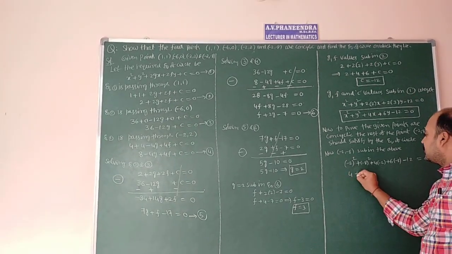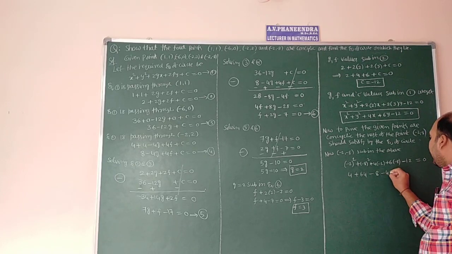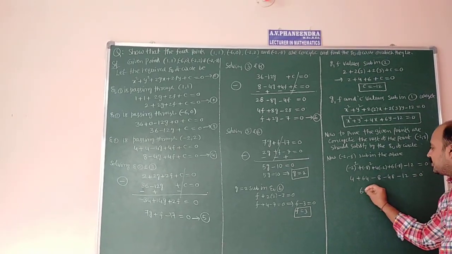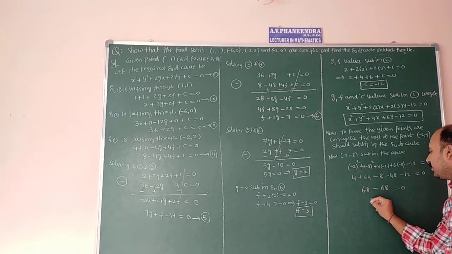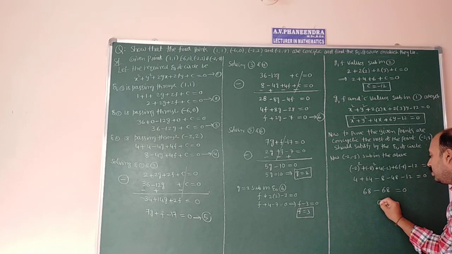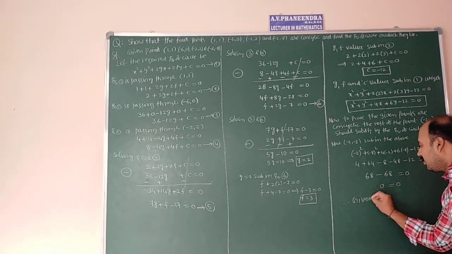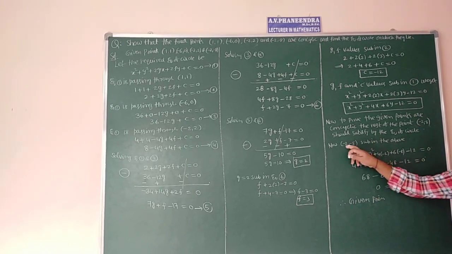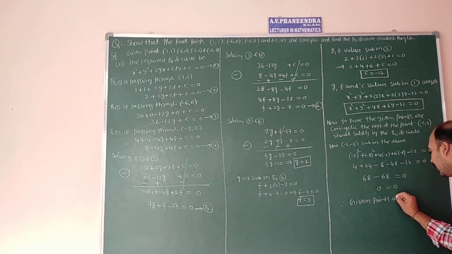So 4 plus 64 minus 8 minus 48 minus 12 equal to 0. So 68 minus 68 equal to 0. 0 equal to 0. That means, therefore, given points are concyclic. Whenever 0 equal to 0, this point is satisfying the circle and the given points are concyclic.